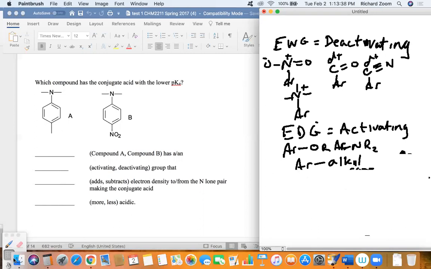So it is asking about the conjugate acid, so you should probably draw what the conjugate acid looks like. Now the conjugate acid is going to look like this. It's going to have the H plus attached to the nitrogen group of the aniline part.